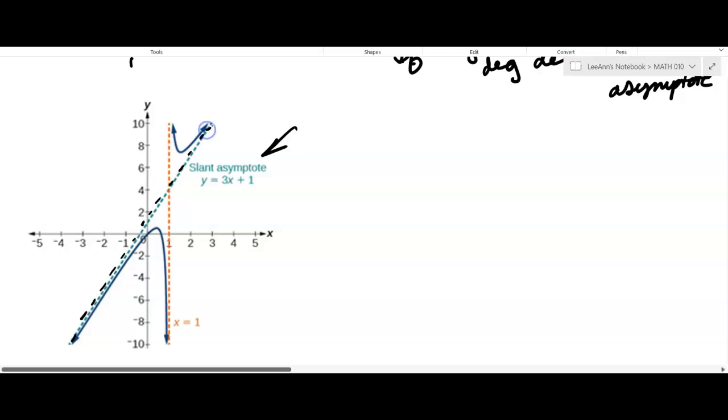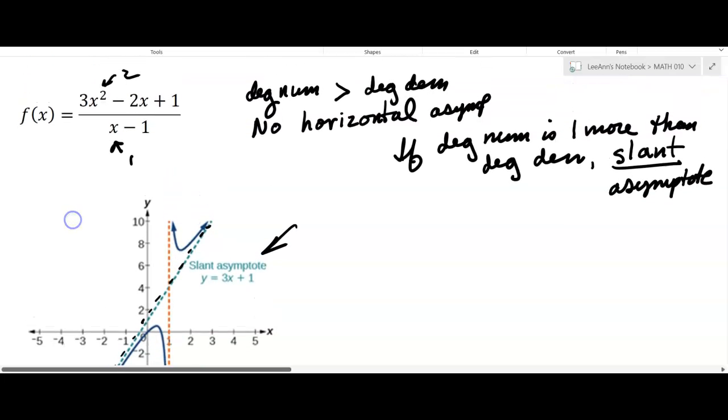It's like a linear equation, but it's not horizontal, it's not vertical, it's got a slope and it's got a y-intercept and things like that. So the way to find that slant asymptote is you actually do this division. You could do it synthetically or with long division. If I do it synthetically, it would look like this.